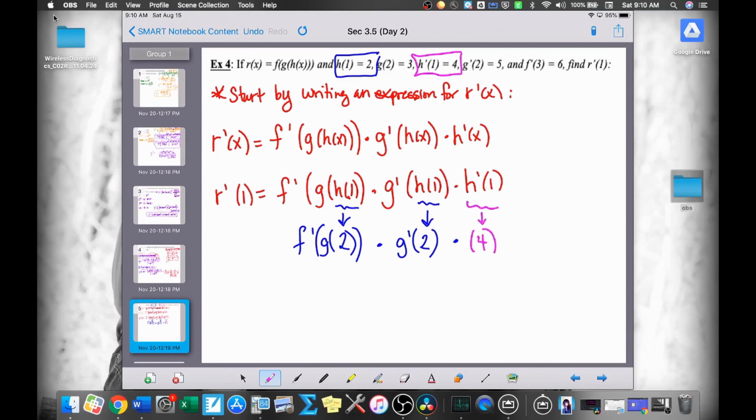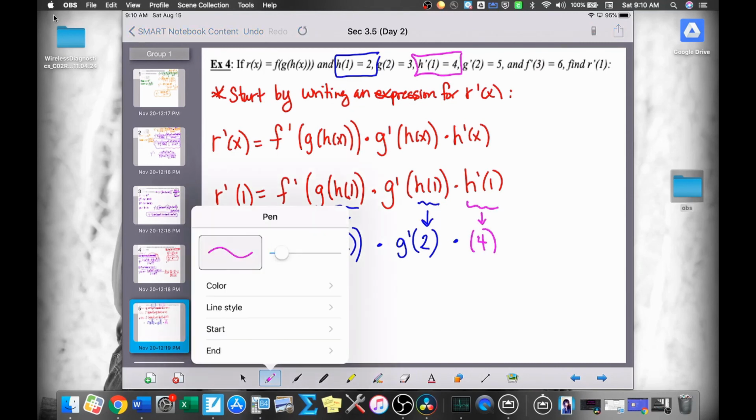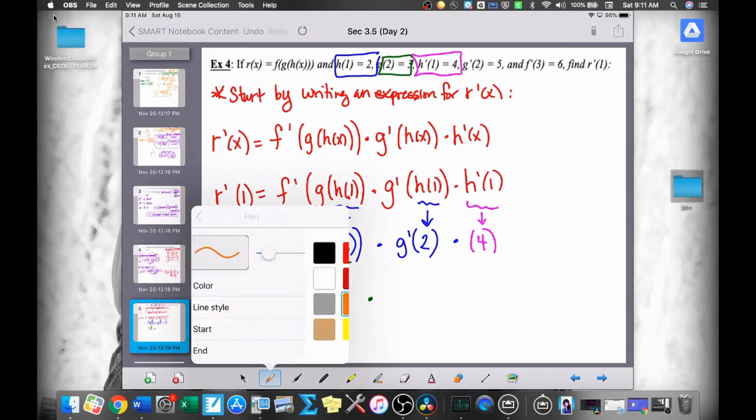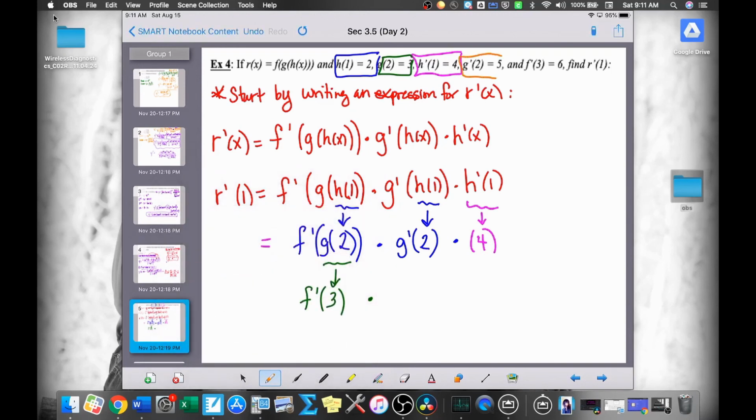All right, now I keep going. And the next thing they tell me is that g(2) is 3. So this is 3. So now I have f'(3) times, and they tell me that g'(2) is 5. I'm using all the colors of the rainbow today. g'(2) is 5. And then I have times 4.